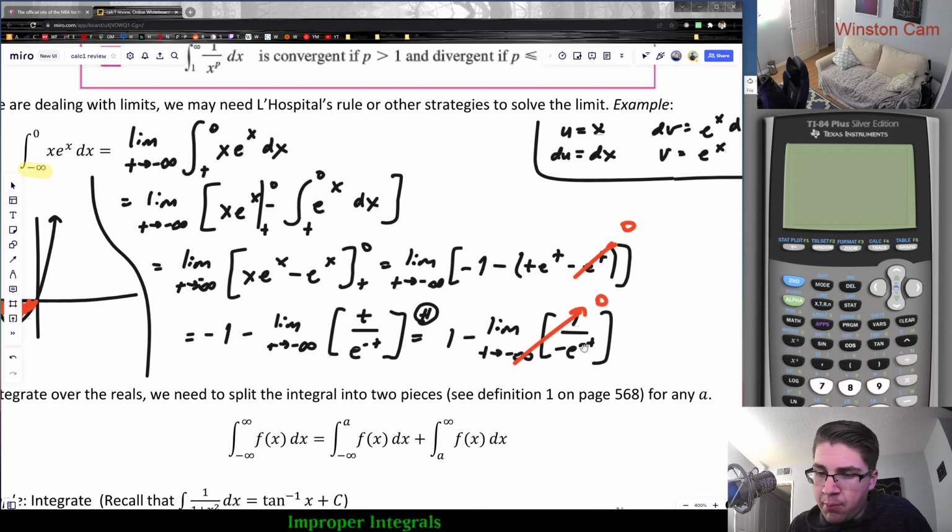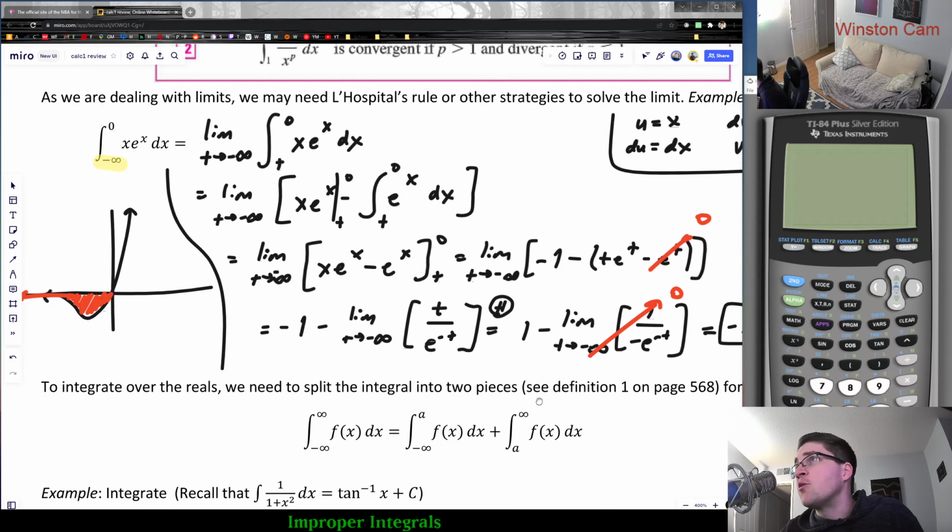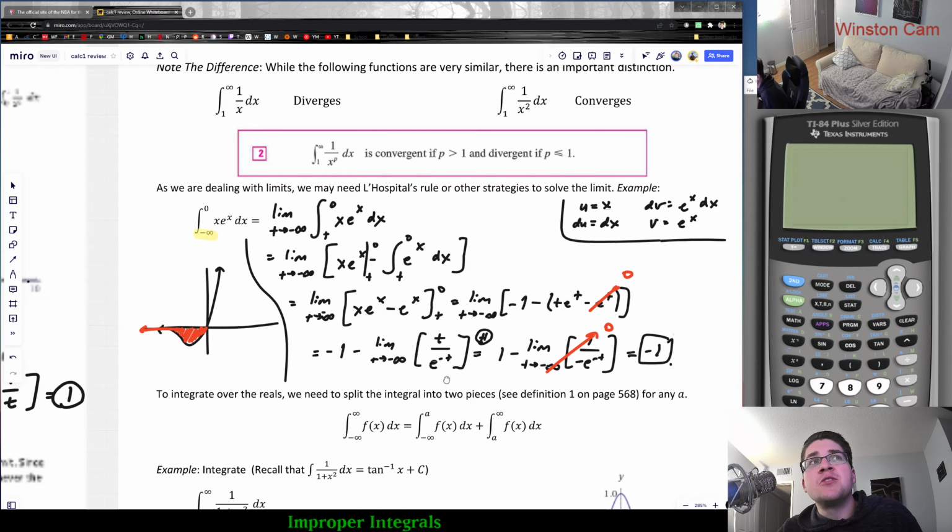And what I end up with is -1, another similar, quite simple answer, as the area under the curve. Or technically it's not under the curve because it's bounded by the x-axis, which is probably a better way to say how much area an integral calculates, geometrically speaking.